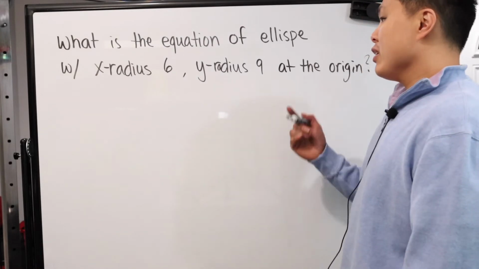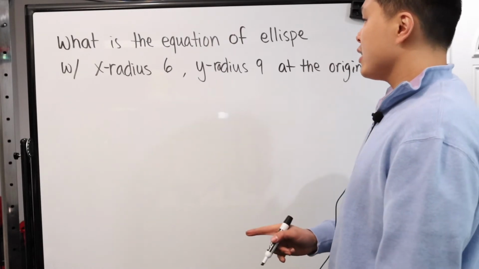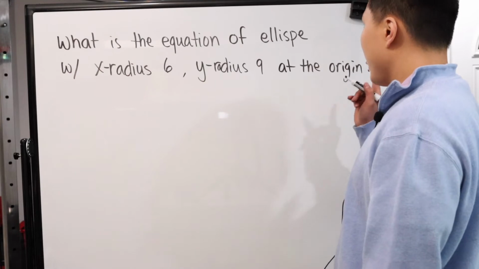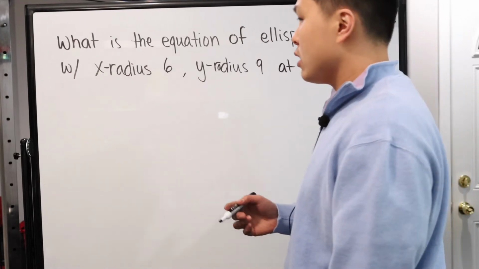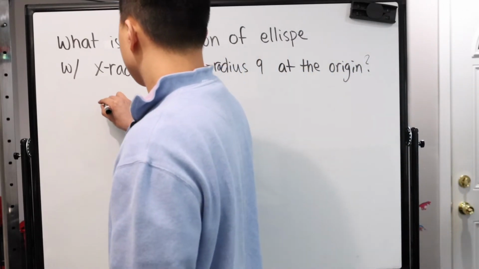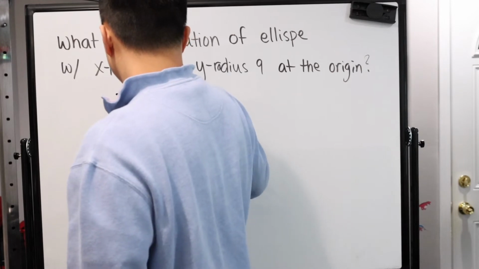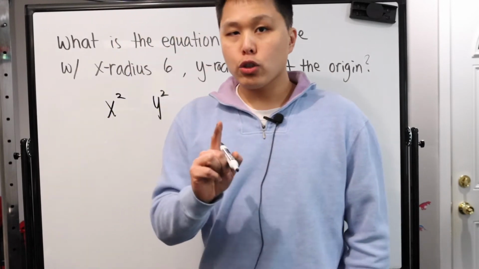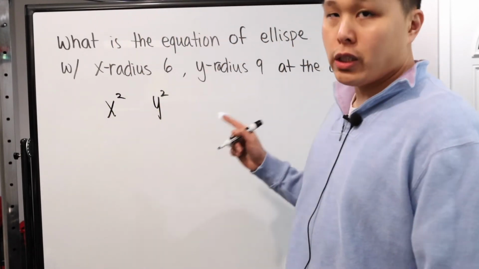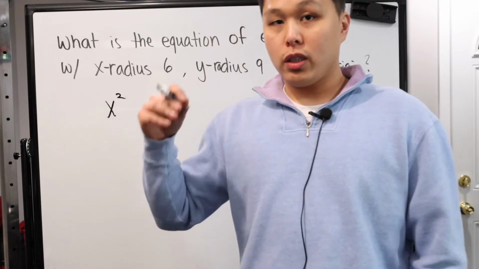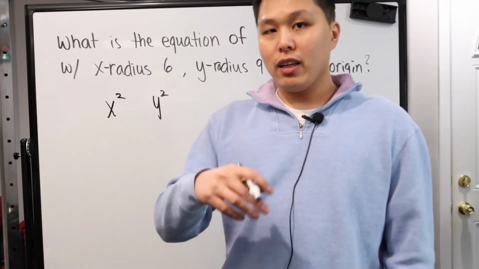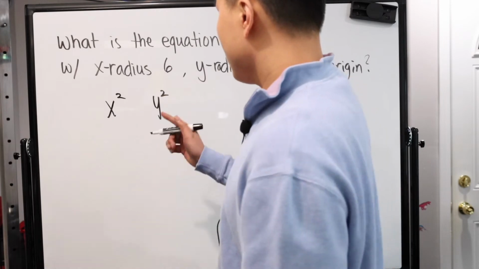Now, the equation is fairly simple. We have our x radius at 6, y radius at 9, and it's located at the origin itself. So we know that it's going to be x squared and y squared. There's no h or k because it's located at the origin, and the key hint of the origin is the fact that it's located at 0, 0. So there we have that.